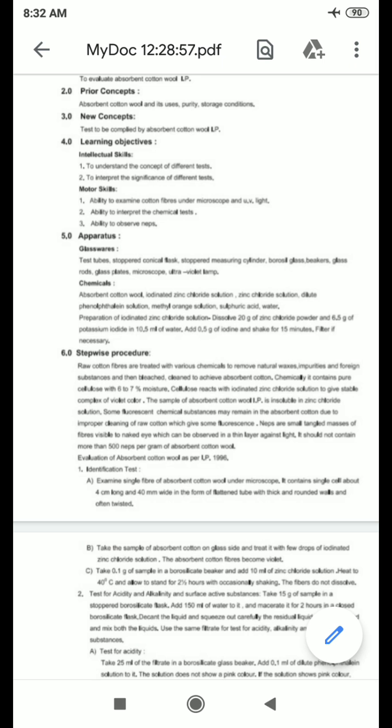The sample of absorbent cotton wool IP is insoluble in zinc chloride solution. Some fluorescent chemical substances may remain in the absorbent cotton due to improper cleaning of raw cotton, which gives some fluorescence.